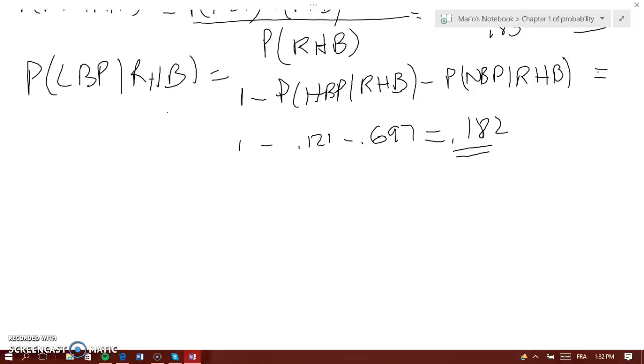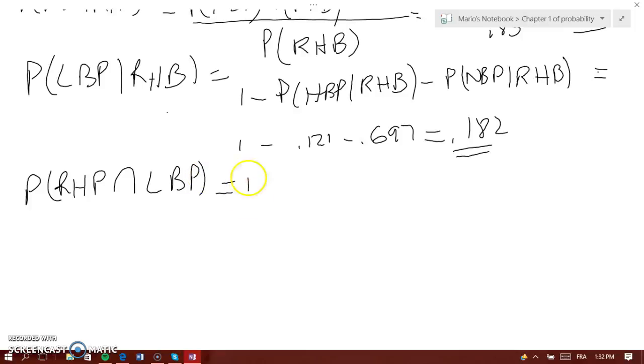And yes, it's a lot of stuff to do. Now, finally, we can calculate the probability of regular heartbeat and low blood pressure.